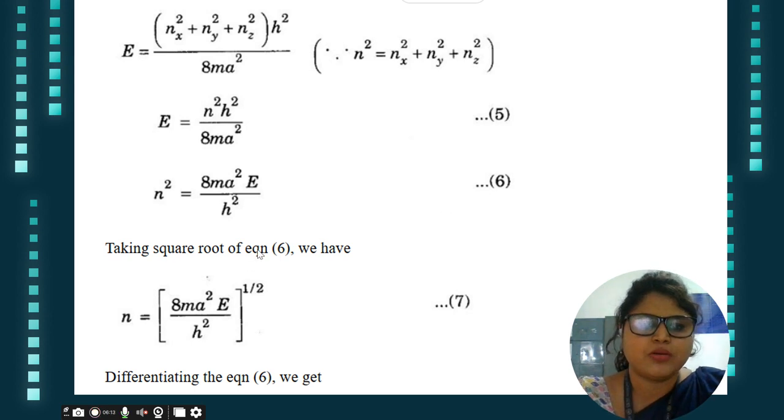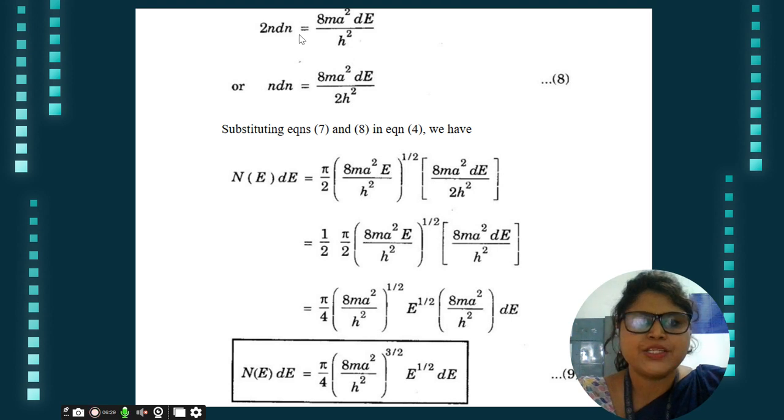Taking the root on both sides, n = (8ma²E/h²)^(1/2). This is equation 7. Now we have to differentiate equation 6, so that we get 2n dn = 8ma² dE/h², so n dn = 8ma² dE/2h². This is your equation 8.